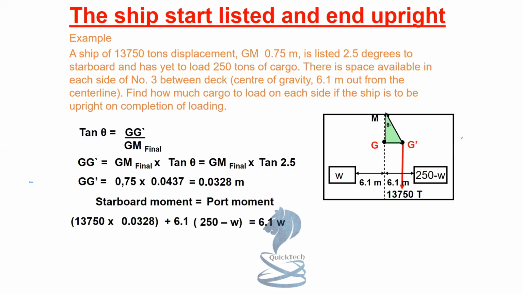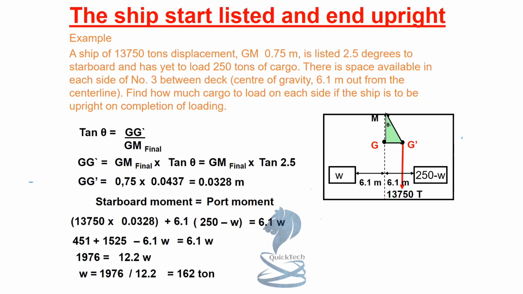Now we solve this equation to get the value of W as follows: 451 plus 1525 minus 6.1 W is equal to 6.1 W, that is 1976 equal to 12.2 W. Thereby W is equal to 1976 divided by 12.2, which is 162 tons.